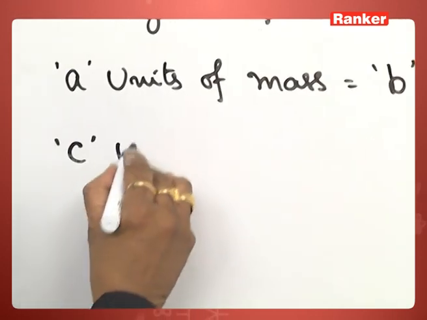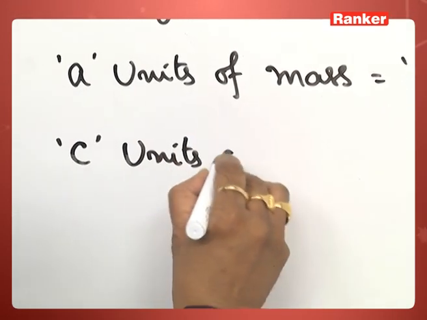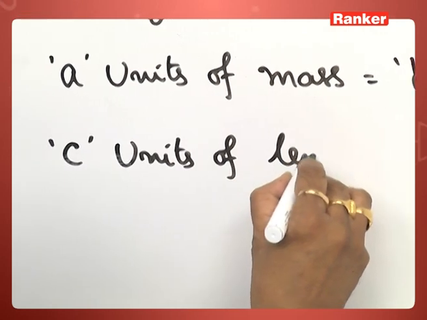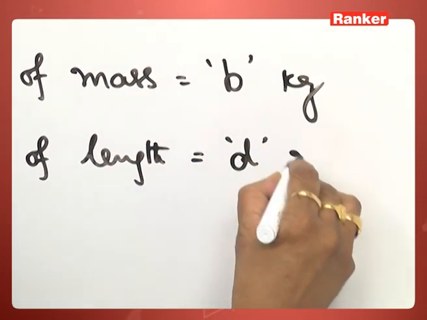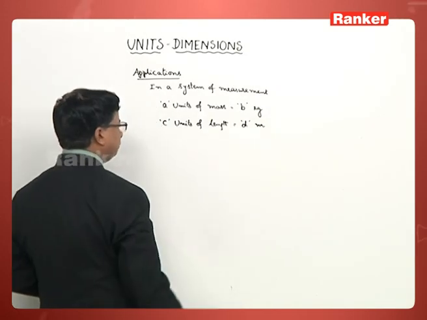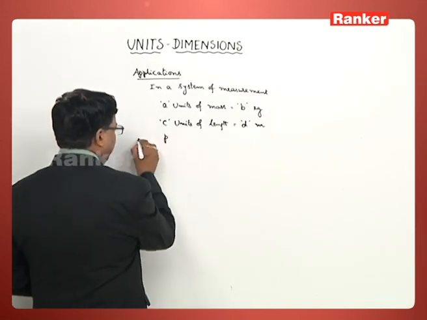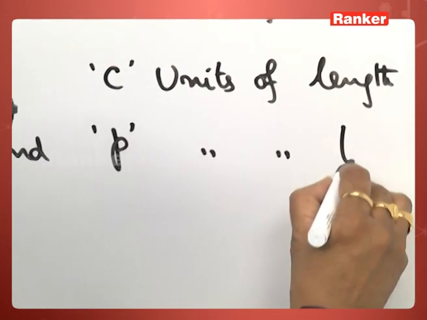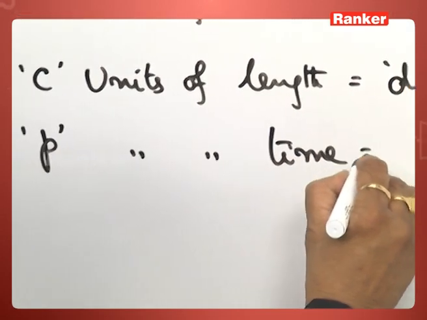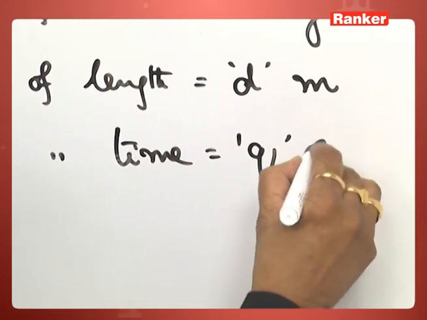Similarly, C units of length is equal to d meter, and P units of time is equal to q seconds.